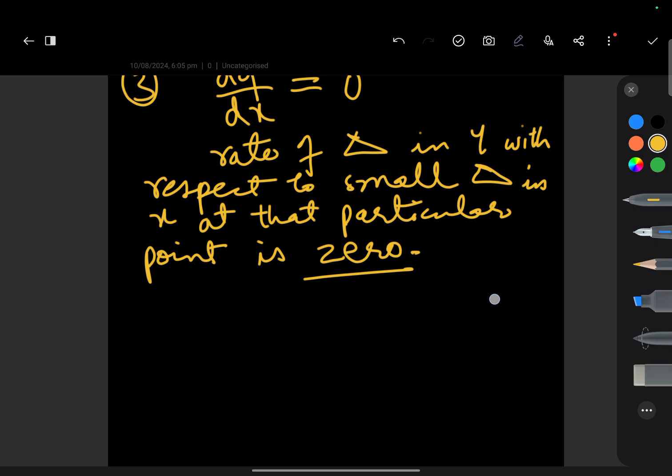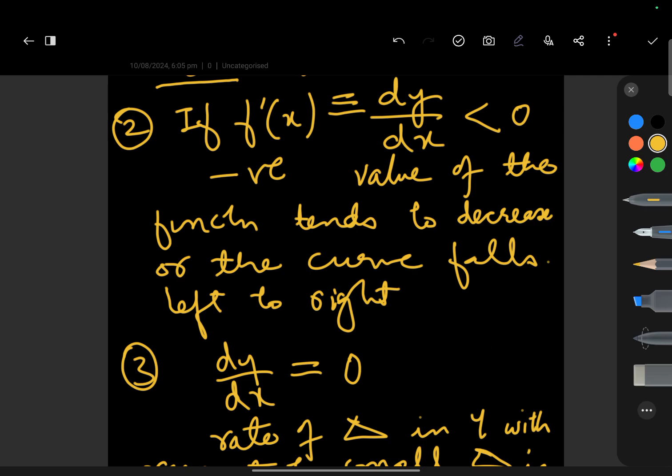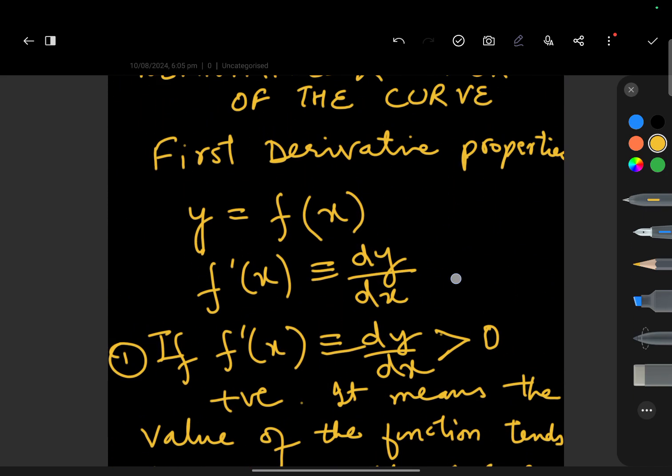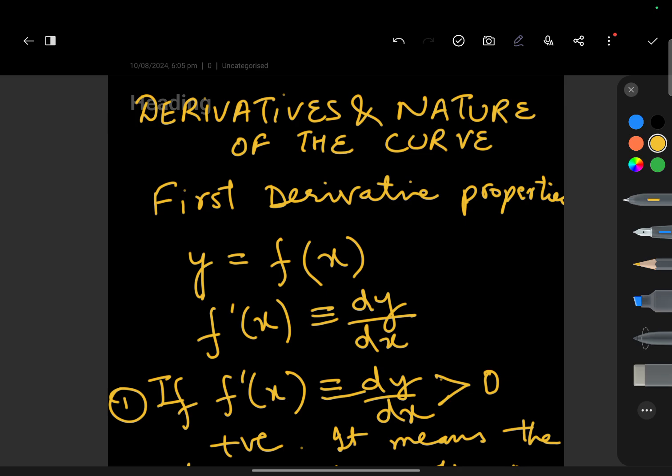So we have these three properties in the first derivative, and in the previous section we also solved some questions. Watch the previous video if you want to know the details of the function and the derivatives.